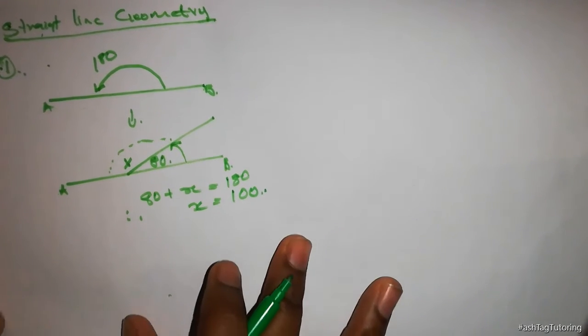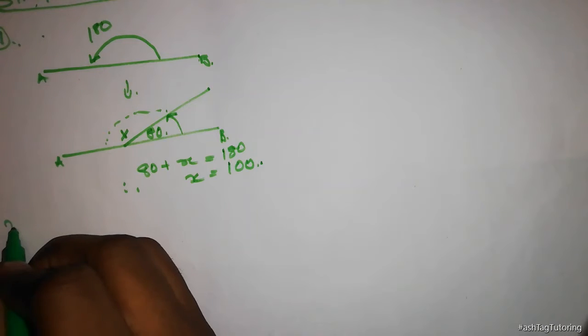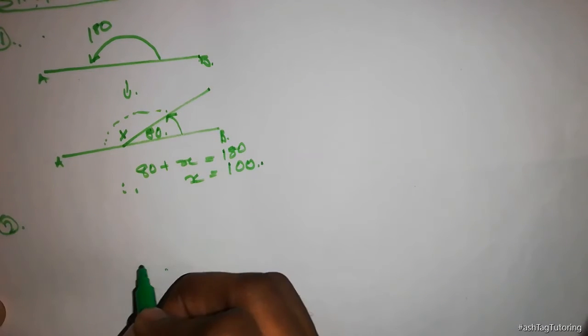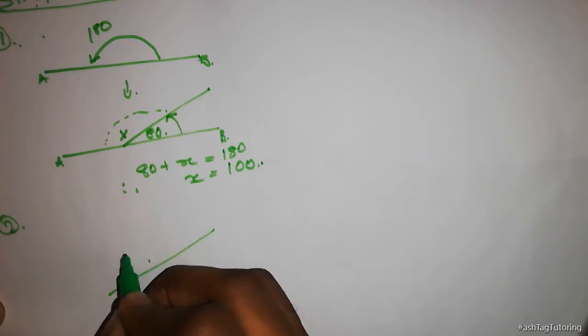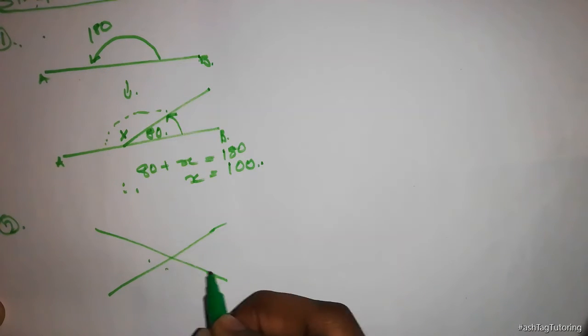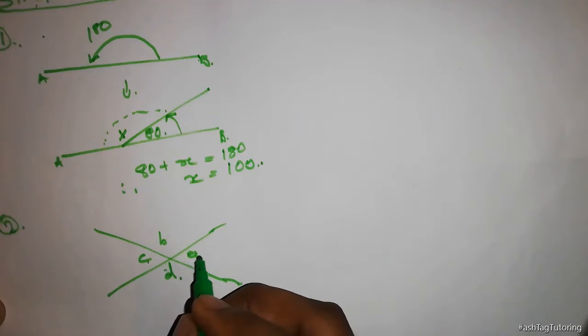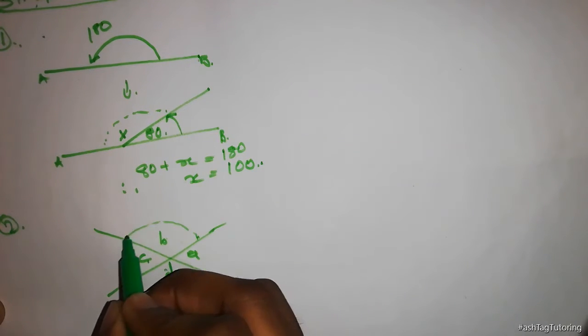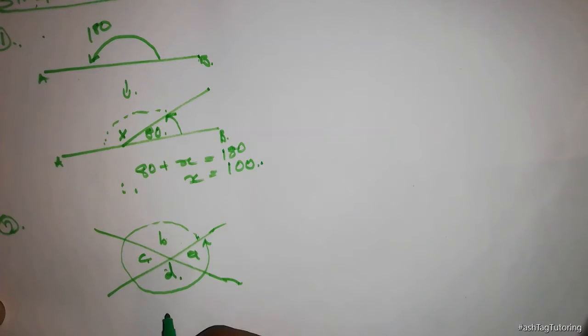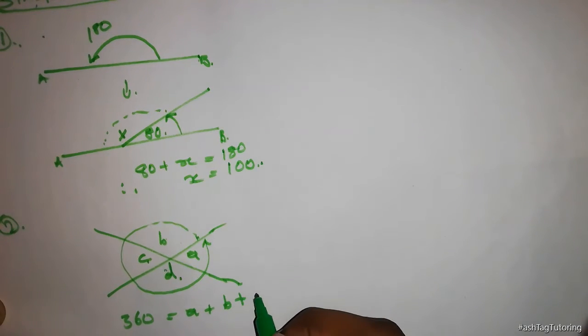Okay, another rule is when you have two lines that are crossing like this, they will always give you four angles, which are A, B, C, and D. And the most important thing to always remember is that these four angles must add up to 360.